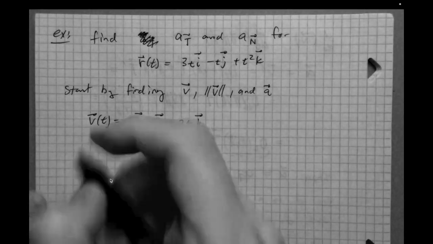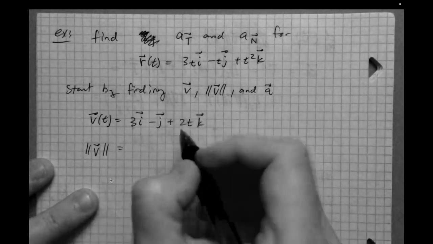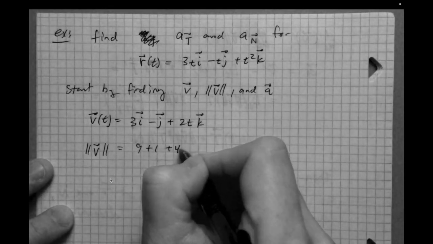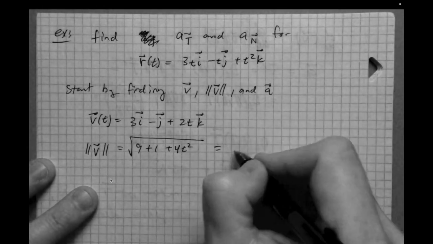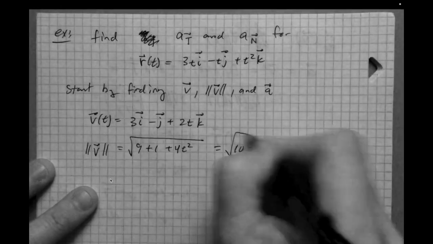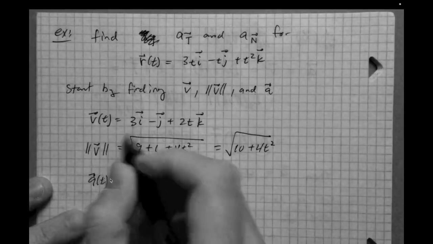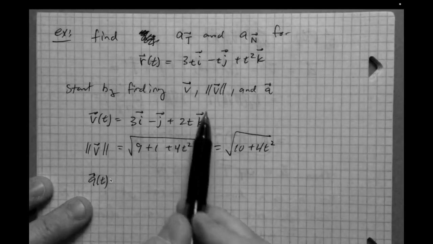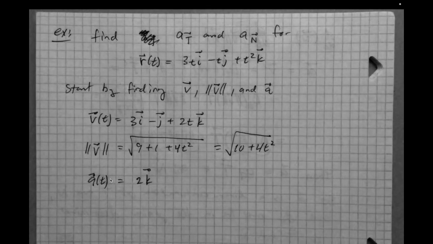That's the velocity vector. The norm of the velocity vector is going to be the square root of 9 + 1 + 4t^2, which is the square root of 10 + 4t^2. Then the acceleration is the derivative of this further, and those are constants, so it's just 2k. So the acceleration is constant in this case.